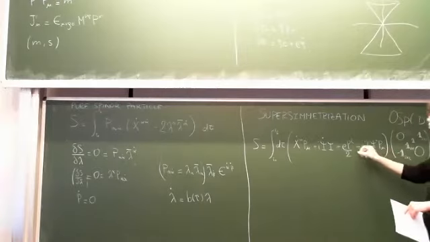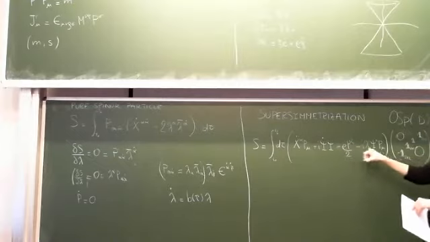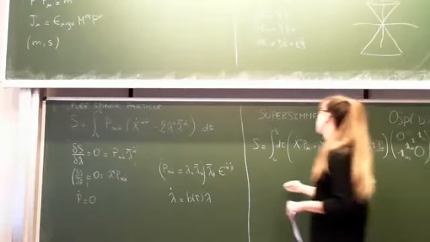So P squared is your Hamiltonian, which will conserve the charge for translation, and this will conserve the charge for supersymmetries.